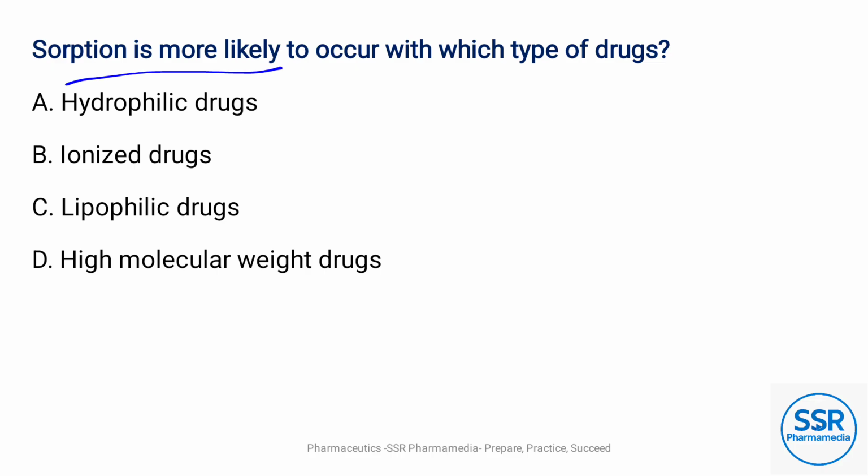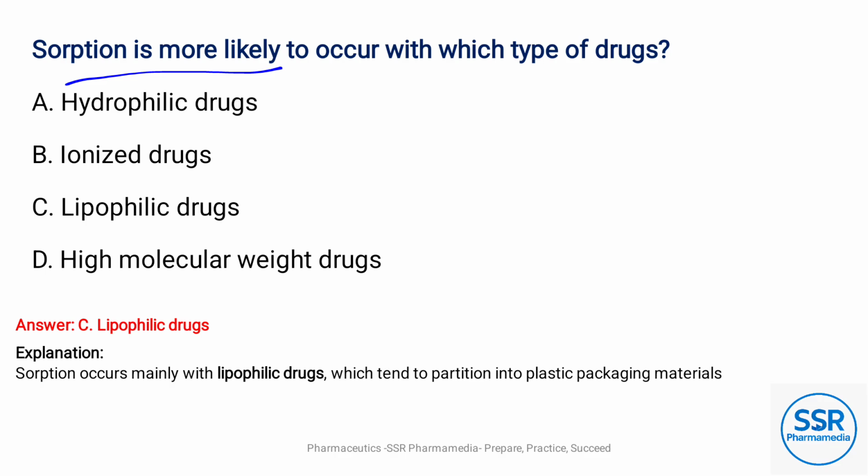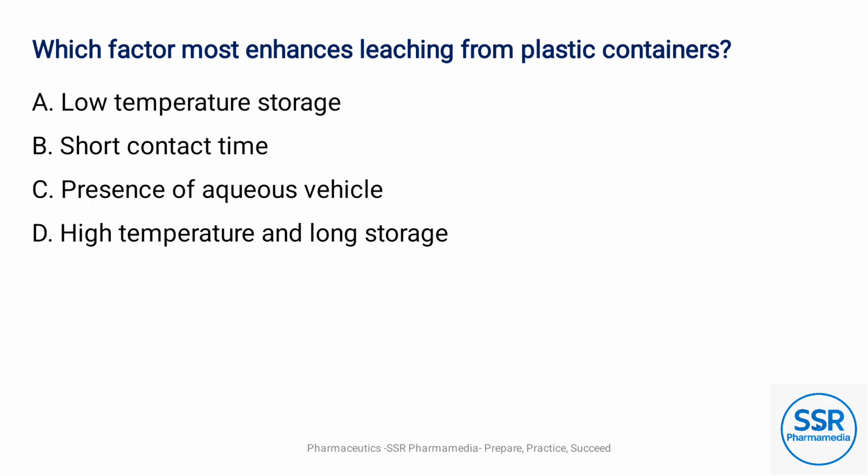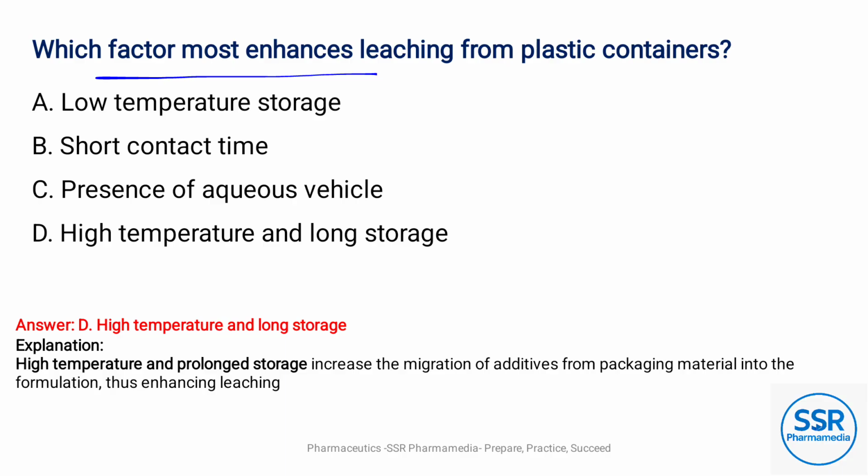Sorption is more likely to occur with which type of drugs? Option C, lipophilic drugs. Which factor most enhances leaching from plastic containers? So option D, high temperature and long storage.